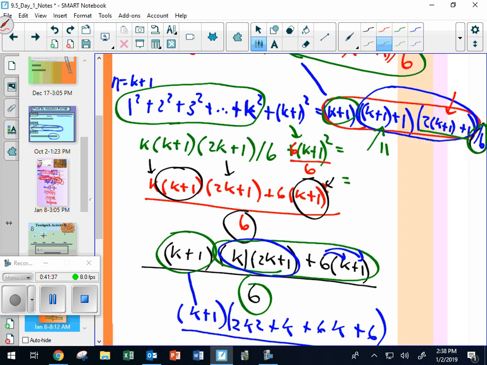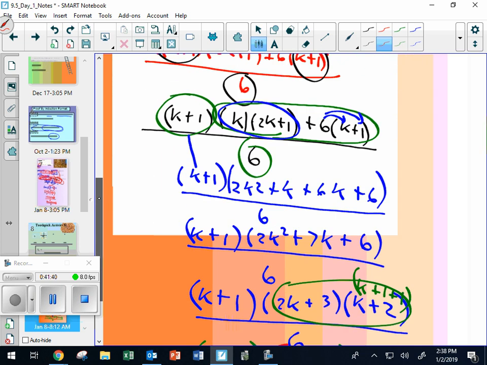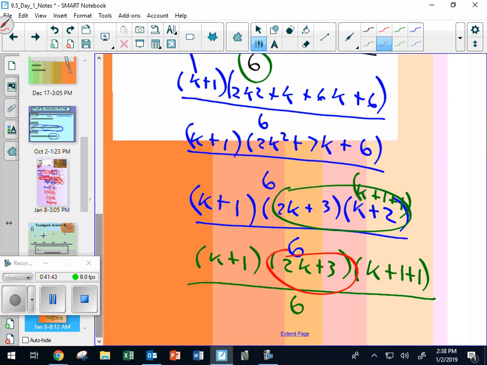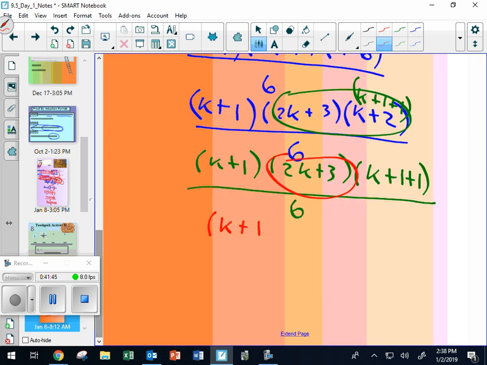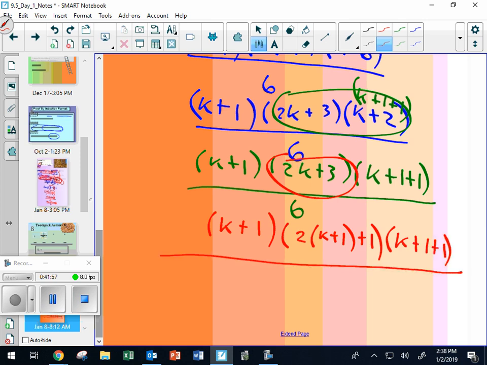So I've got to be able to break that up into 2 times k plus 1 plus 1. And guess what? That is equal to that. Multiply it out and see. 2k plus 2 plus 1 is 2k plus 3.